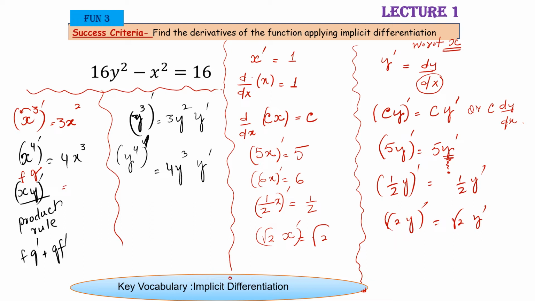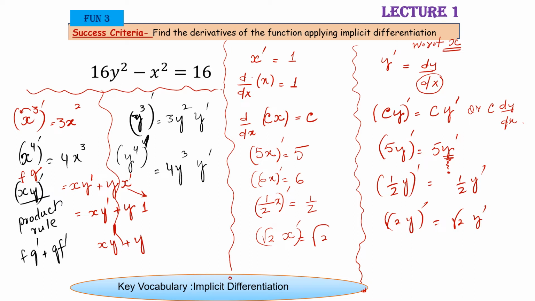So fg prime means x times y prime, plus g, that is y, times x prime. We all know that x prime is 1, whereas y prime stays y prime. So in short, we can write it as xy prime plus y.